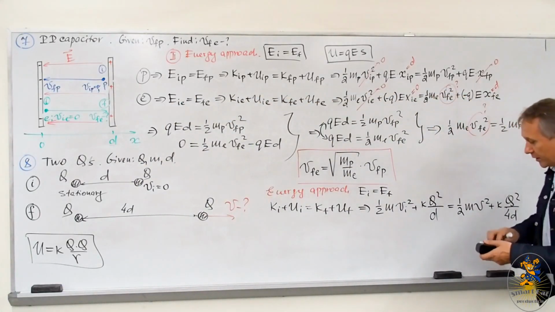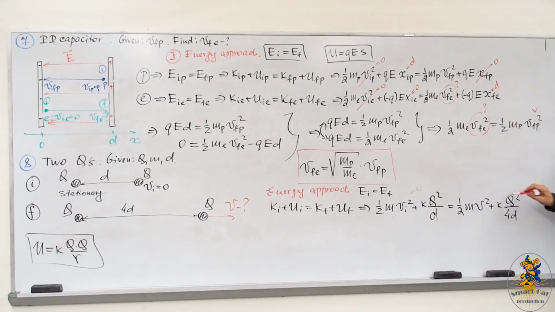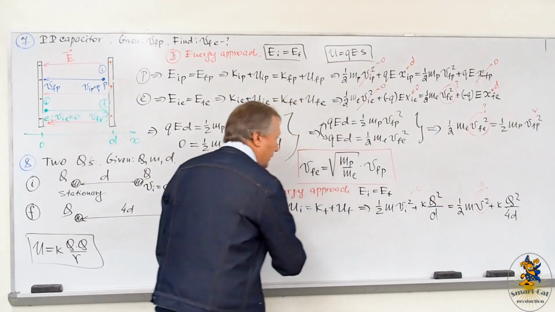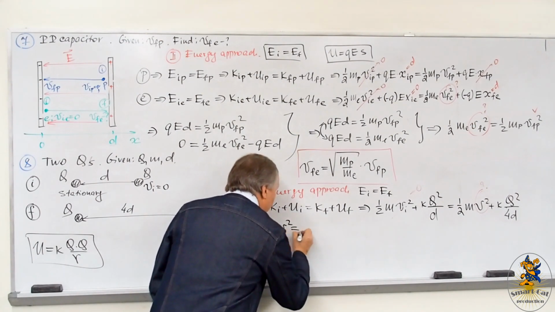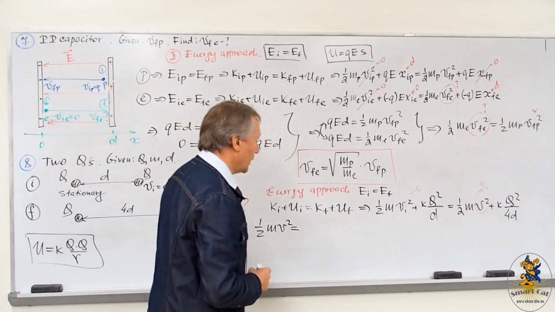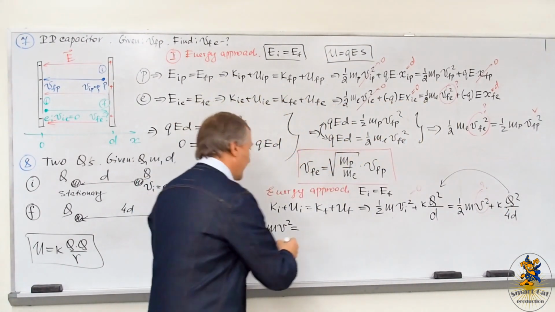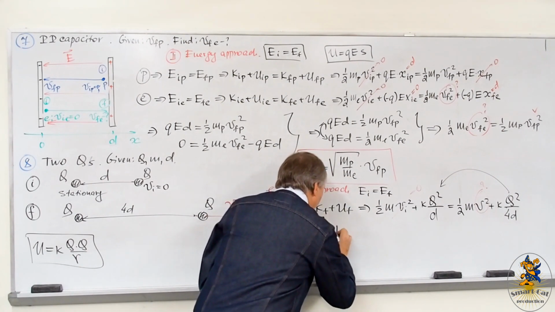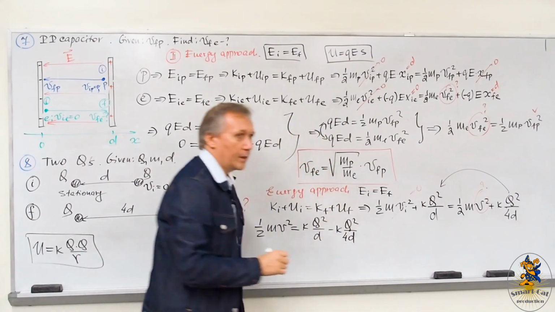Alright. Okay, initial velocity 0. And that is our unknown, right? So, let's rewrite it. So it will be 1 over 2 m v squared equals, this will go to that side with minus, so it will be k Q squared over d minus k Q squared over 4d.